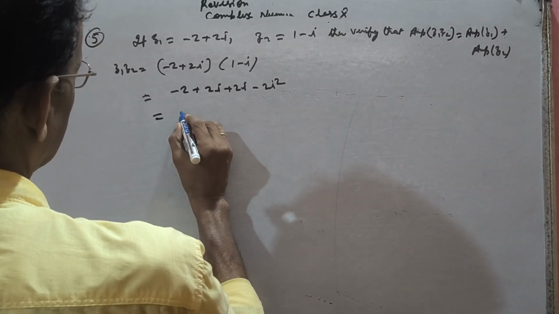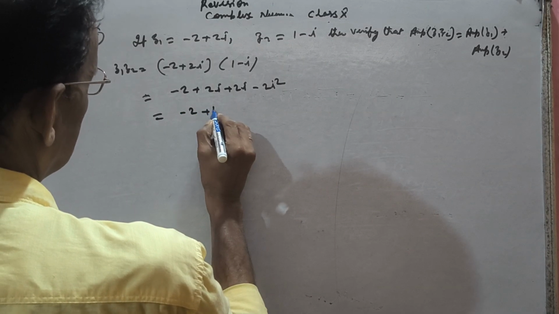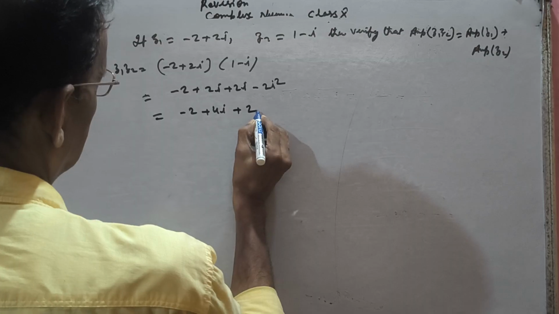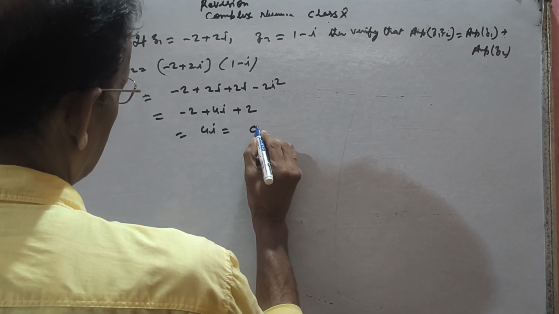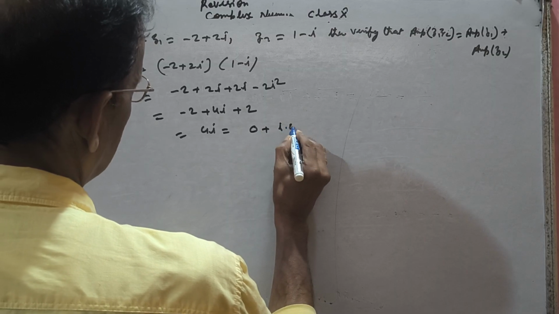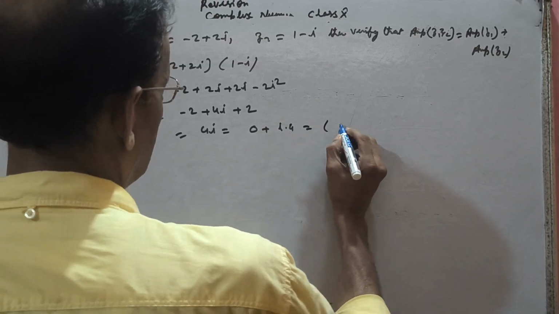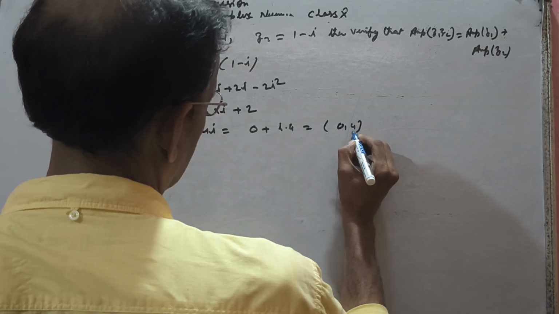How much will we get? -2 plus 4i plus 2. So this is 4i. This can be in the form of 0 plus i into 4. Corresponding ordered pair will be (0, 4).